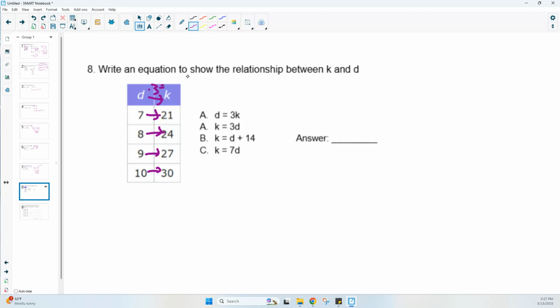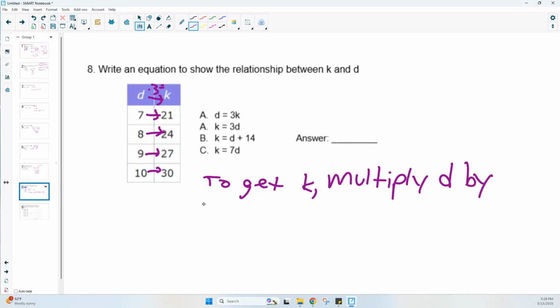So again, I'm going to write that out in words. To get K, multiply D by 3. In other words, D times 3 equals K.